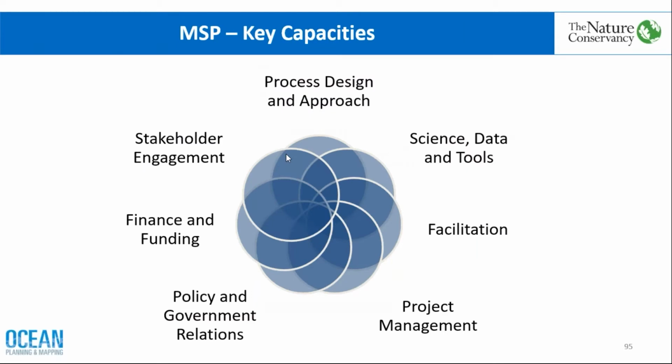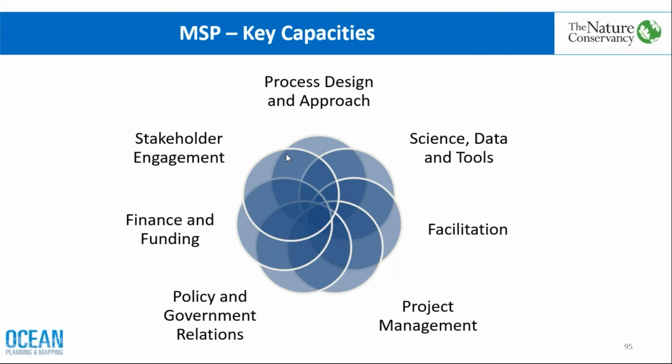So from this, we can distill these core areas for capacity. And of course, in every location, these are going to be different, and they're going to touch down in different ways in government, in private sector, in civil society.